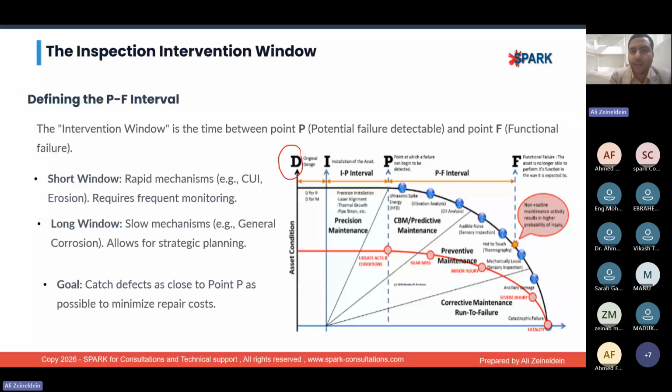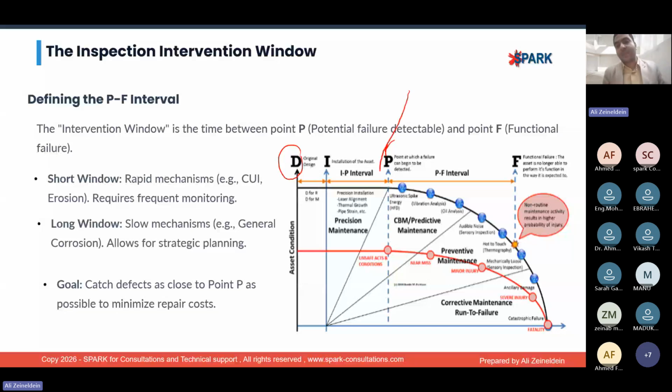Then it works in a safe manner until reaching this point at which failure can begin after a certain time from the operation, and exposure to the operating parameters and operating conditions, specifically if this equipment works outside the integrity operating window. So this is a critical point.